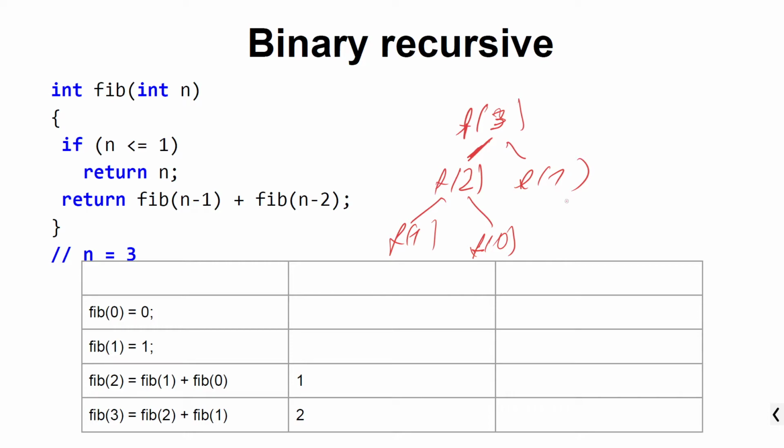And f1 is result 1, f0 result 0. And like this you will have some tree.